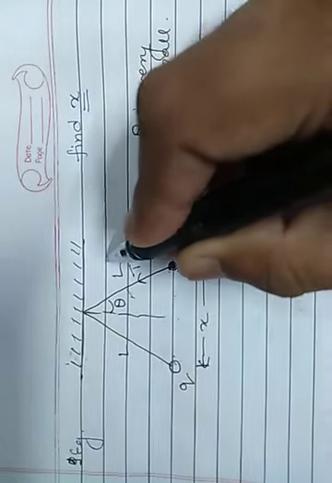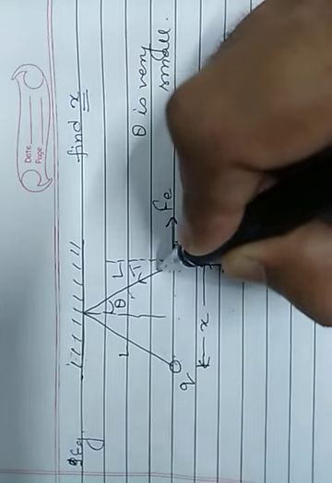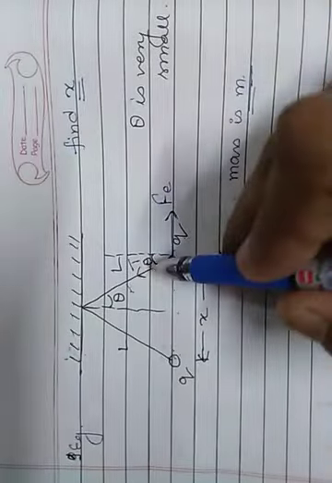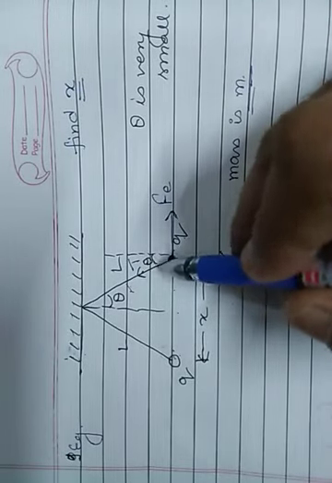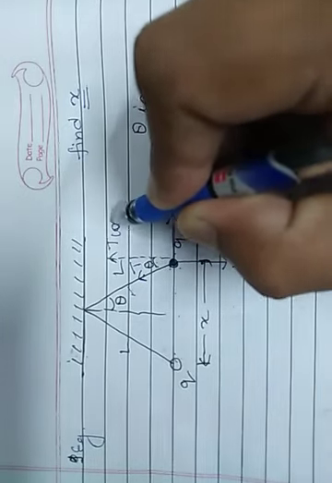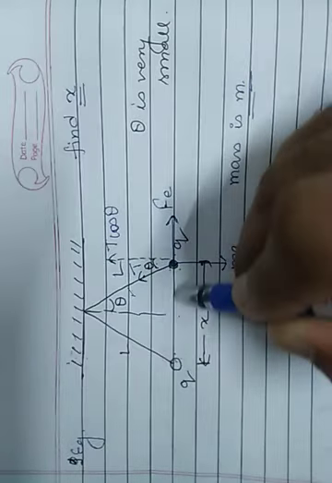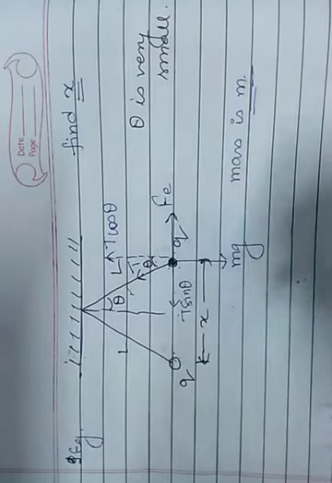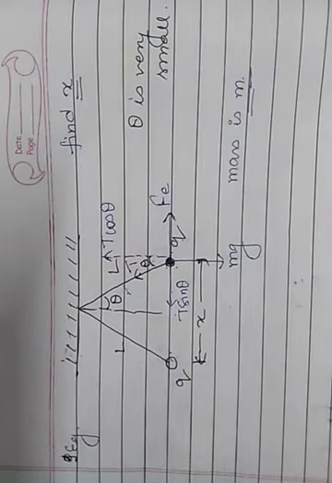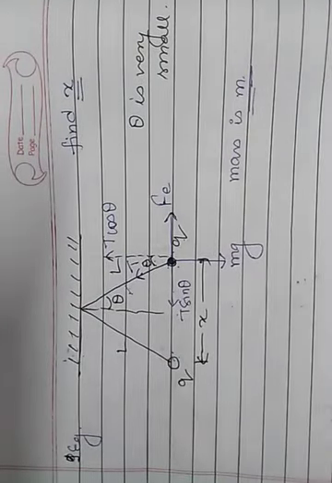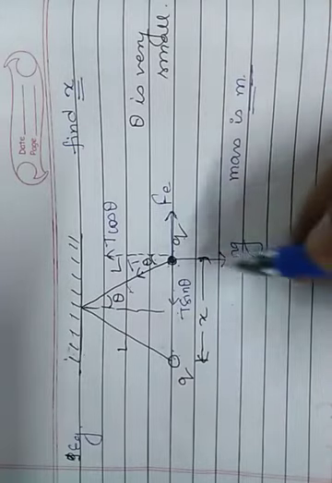Now if I draw a vertical line here, this angle is also equal to theta. Now we will resolve the tension T. So this becomes T cos theta, and this is T sin theta. As the whole system is in equilibrium, the net force on this bob is 0.